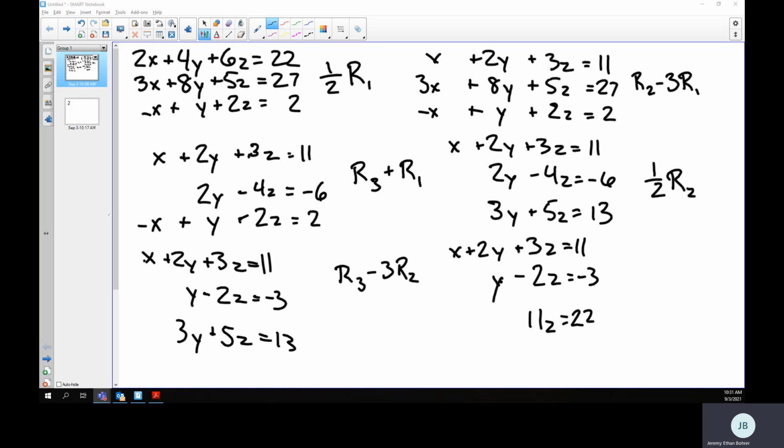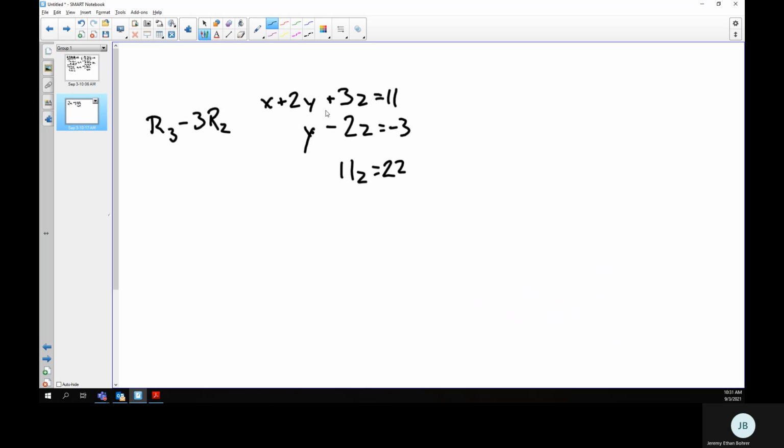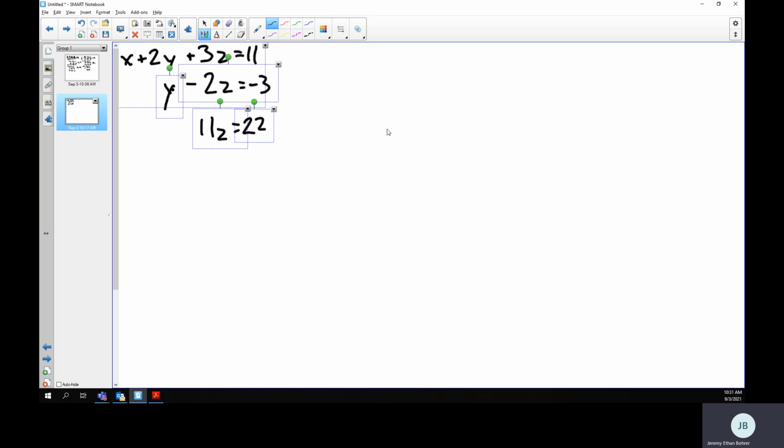And that's great. So our next step is going to be to divide row 3 by 11. And I'm going to copy and paste this to the next slide. Up there, and we're good to go.